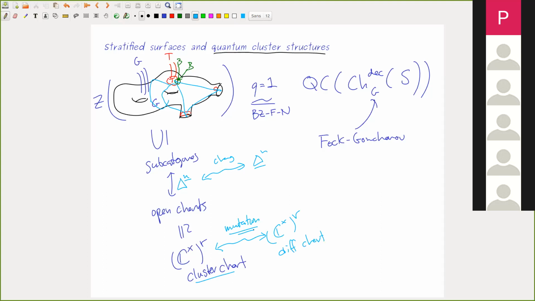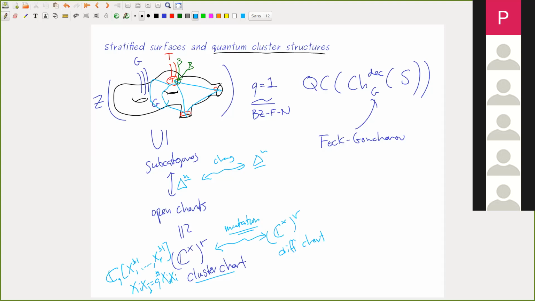So this is beautiful. There's a lot of beautiful structure, but it's not something that I ever felt I really understood. What I really didn't understand is that when they turn on the parameter Q, then these open charts become quantum tori. So you have some non-commuting variables, x1 through xr, and these Q-commute: xi xj equals Q to some number times xj xi.